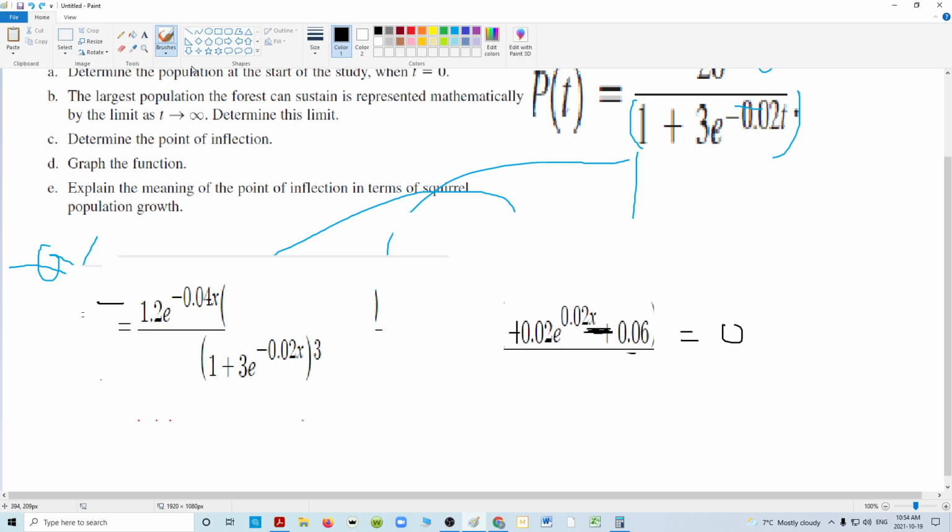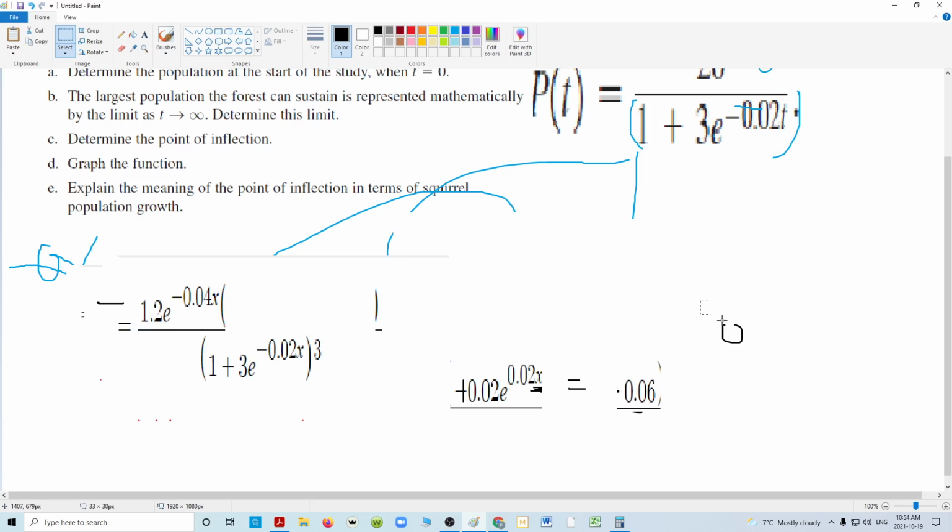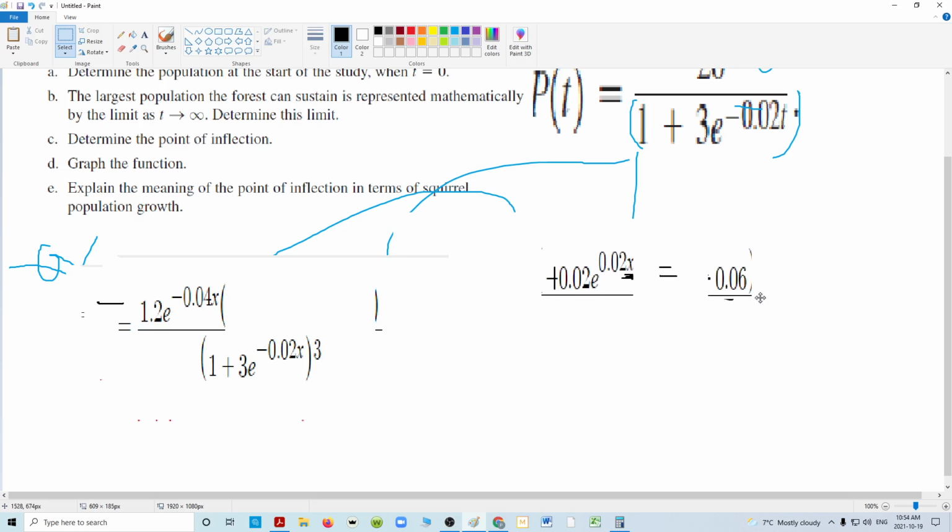And that means this part, when I get the 0.06 to the other side, is equal to positive this. That might work, just because you can't have lns of negative numbers. Then it's easier for me to get rid of this multiplier than to take a complicated ln. This becomes 3.